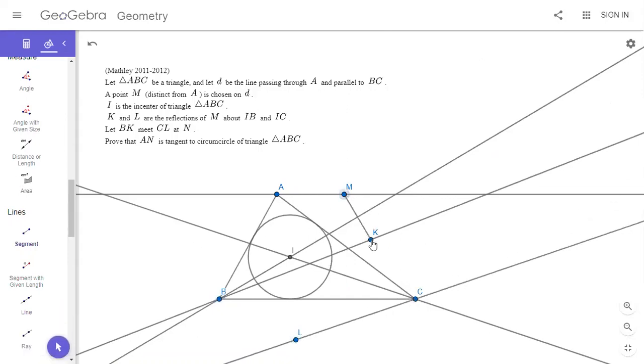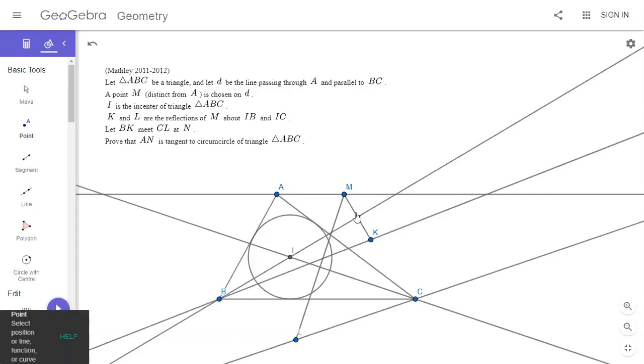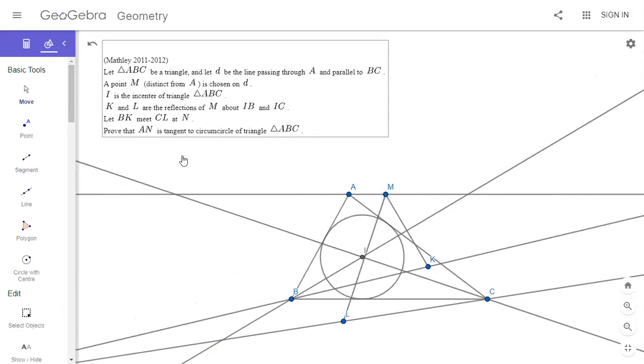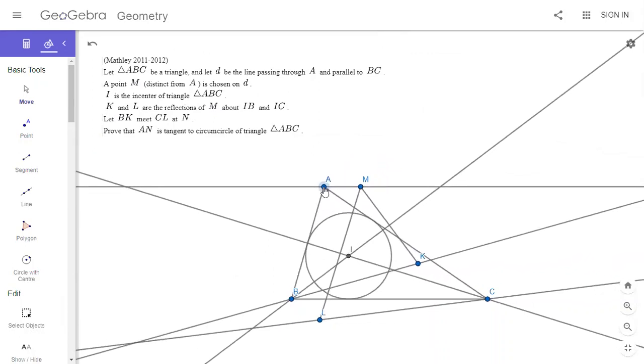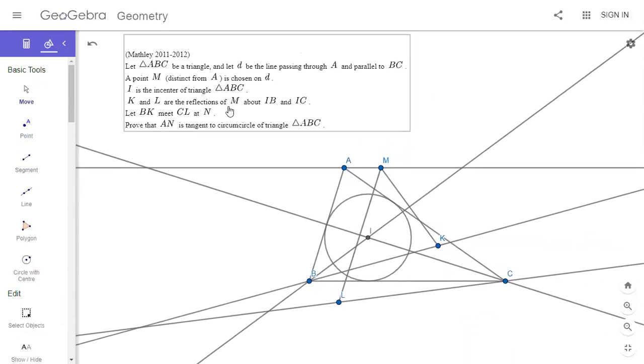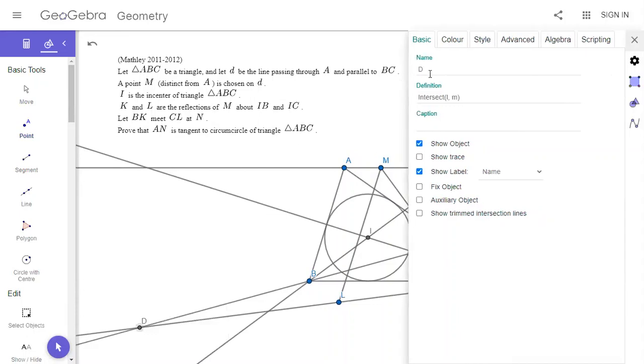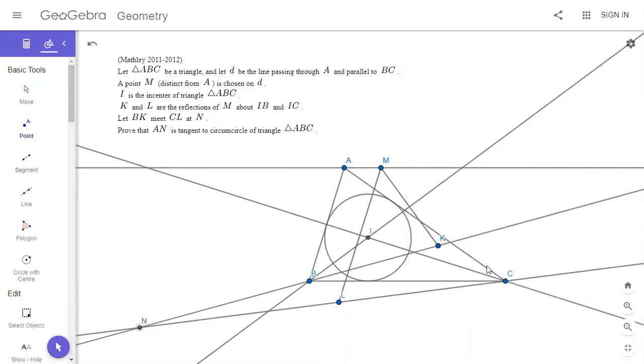Let me draw. There we go. So I'm just going to draw these points. Yeah, point N is really far away. How do I make this diagram a little better? Okay, so this is point N right here. And I want to make it clear that these are sort of the reflections.